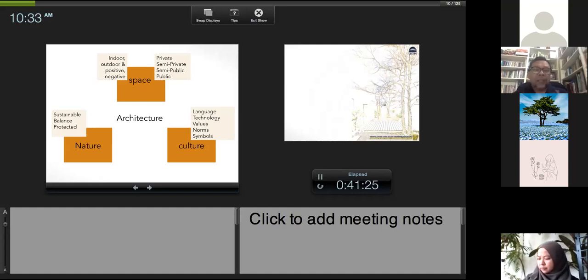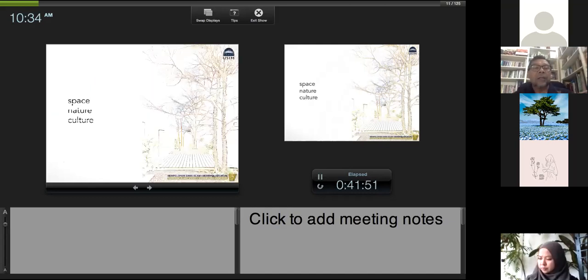Okay, so our task as a designer, as an architect, basically this is only three, but there are a lot more. When you go to the next, higher level, you will talk a lot more. Technology, for example, architecture and technology. Maybe we don't discuss it here, but this is only the main three components that you need to consider in your design, inshallah.